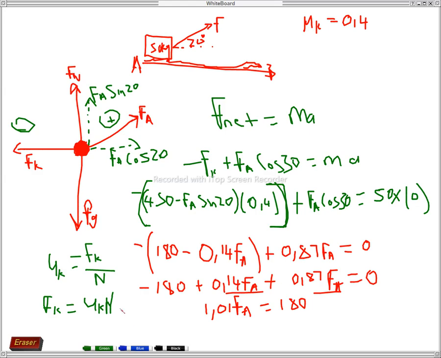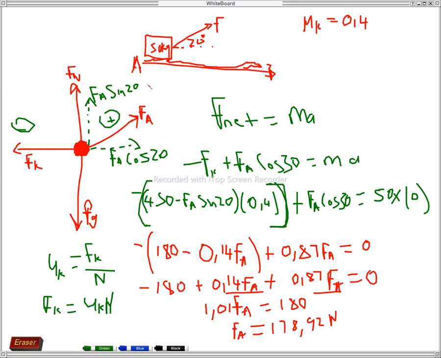I get my FA, my force applied, as 178.92 newtons. So this is my force applied now. It was a long procedure because you had to do the formula to calculate the friction and then resolve.